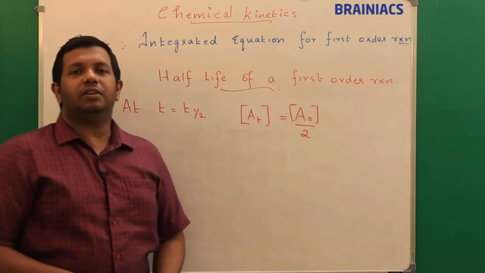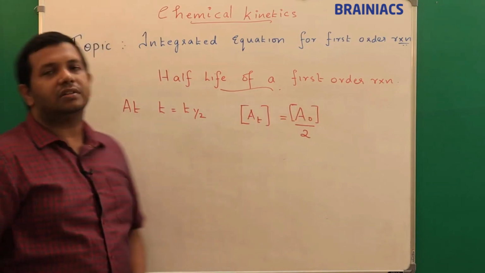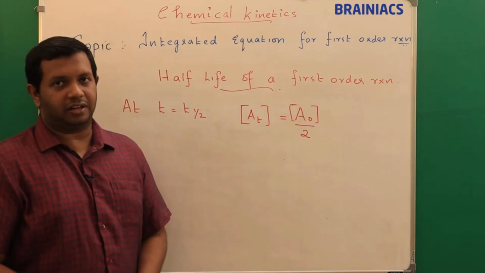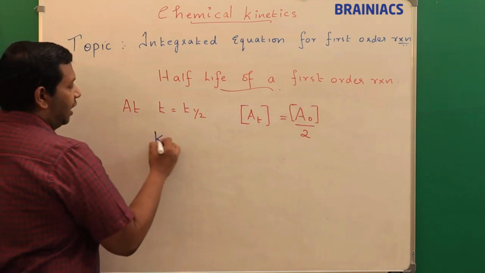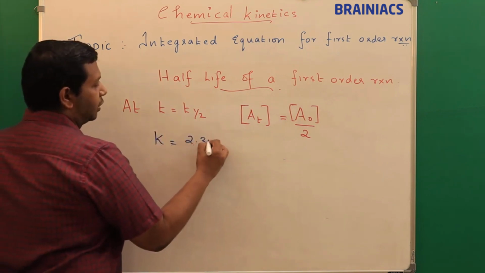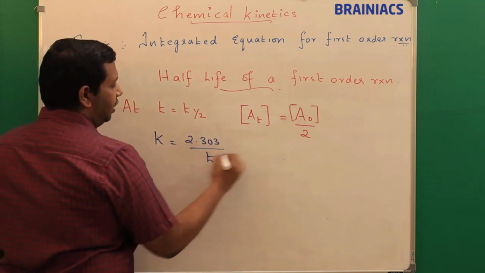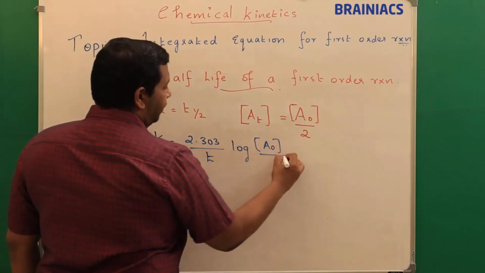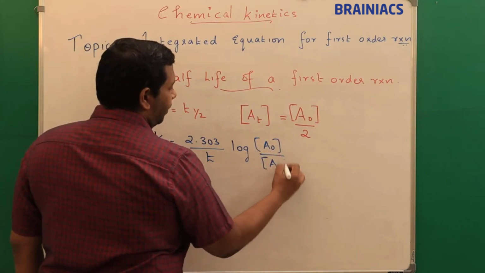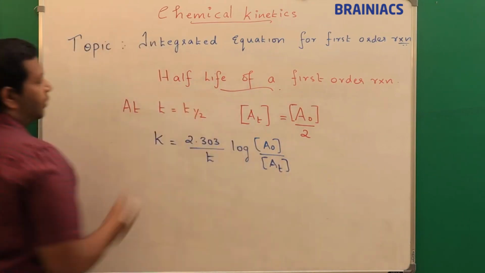Okay, now we will try to derive the value of t half for a first order reaction. First order reaction, what is the basic equation? We know that k is equal to 2.303 by t log A of 0 by A of t. Correct? Just now we have derived it. Now apply the t half condition.